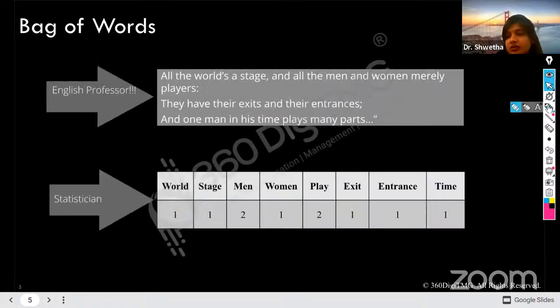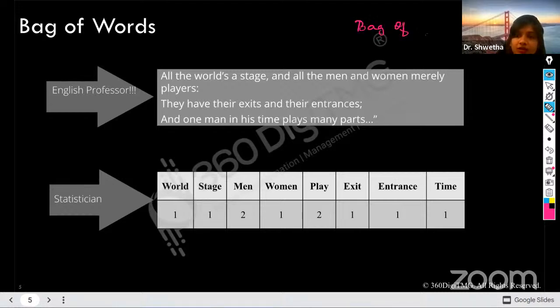Next, bag of words. These are the different pre-processing steps which can be applied to the text data. Just like in supervised and unsupervised models, you first focus on business understanding and then move to data understanding, where you collect the data.